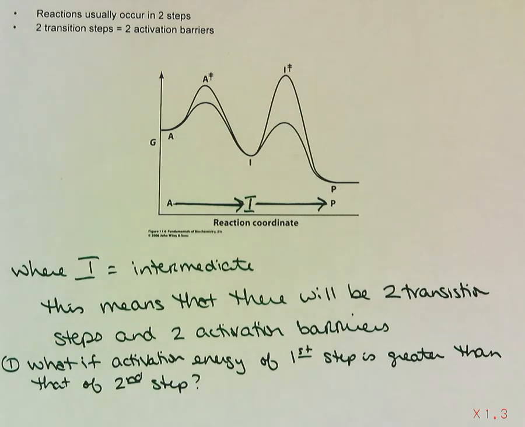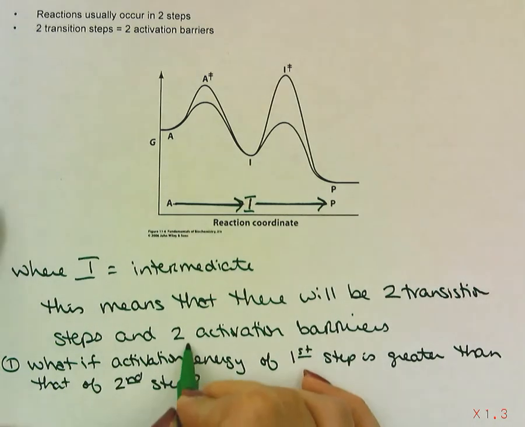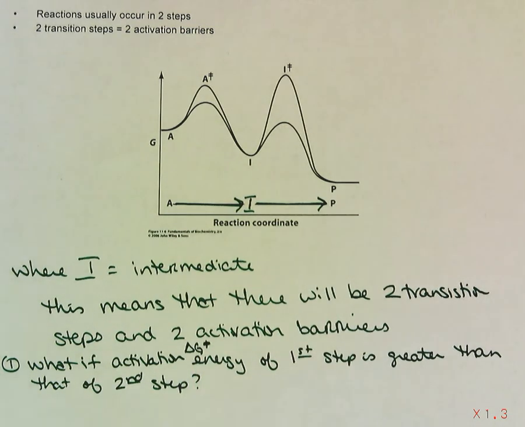I'll give you a hint, start with the delta. Double dagger, that's this one. So what if the delta G double dagger of the first step is greater than that of the second step? Which one of the two steps is slower? First one.